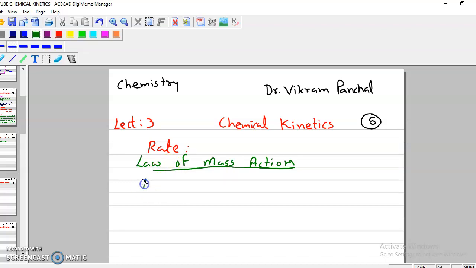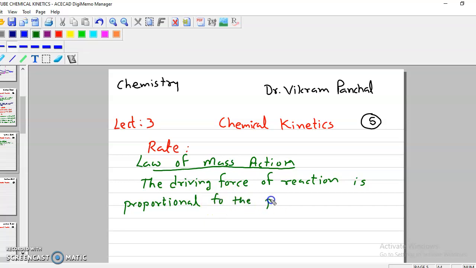The law says that the driving force of reaction is proportional to the product of active masses of reactants.